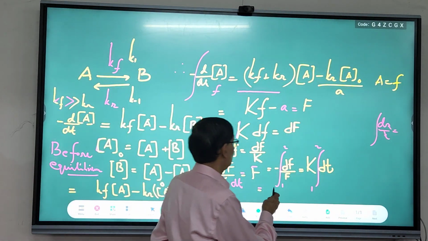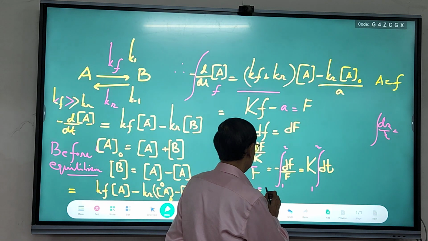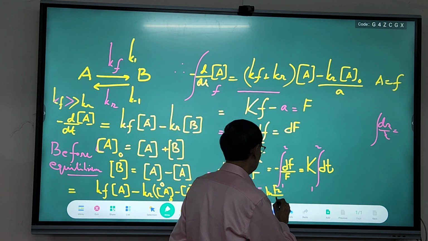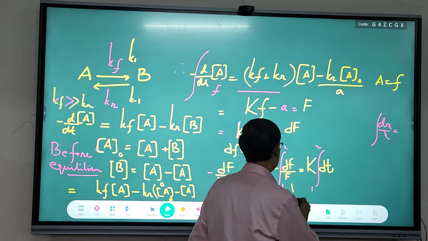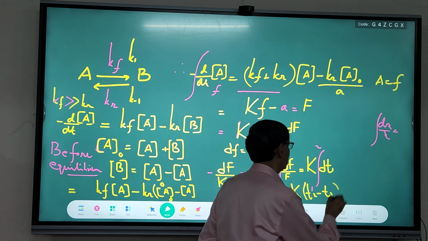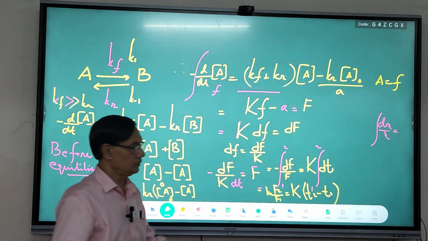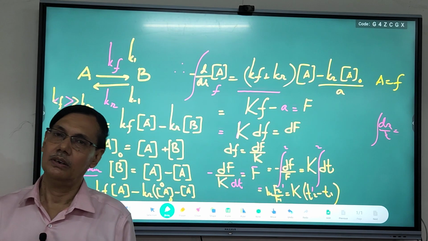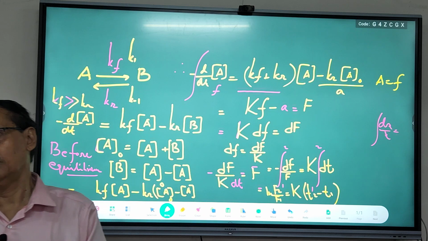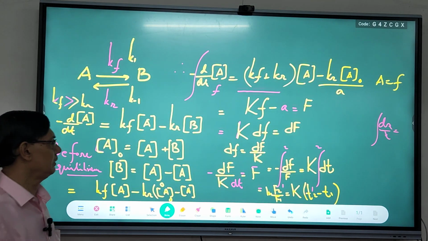So you know that it is natural log of F2 final minus F1 is equal to capital K. It is a definite integral. You must know the difference between indefinite integral and definite integral. A very elementary thing.